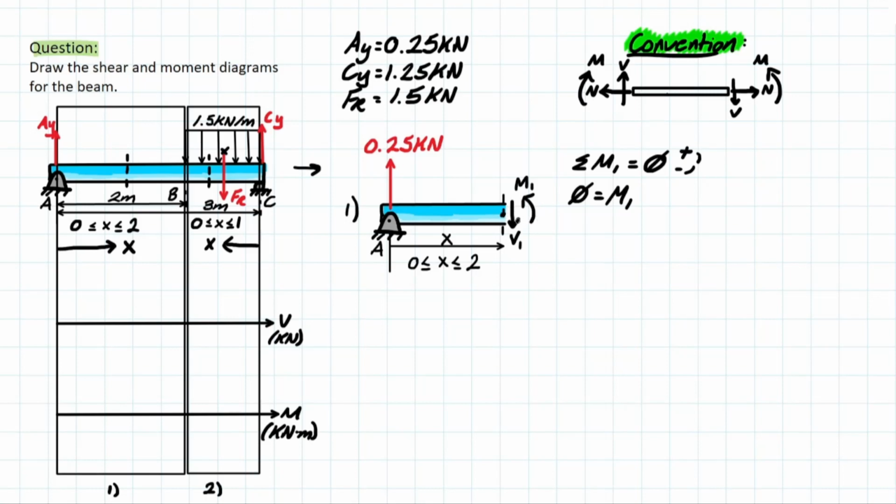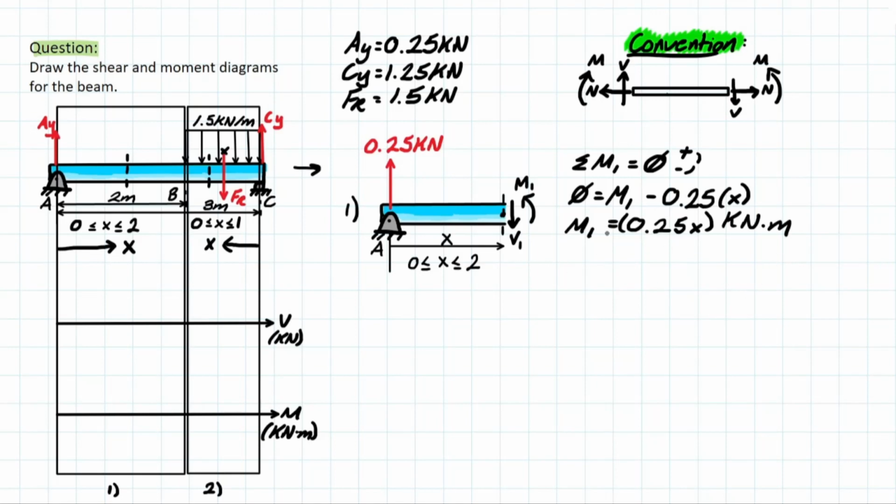So that means the distance from the point to the reaction is always going to be x, meaning we have negative 0.25 times the distance x. And then simply solving for moment, we are going to be left with 0.25x, and that value is going to be in kilonewton meters.